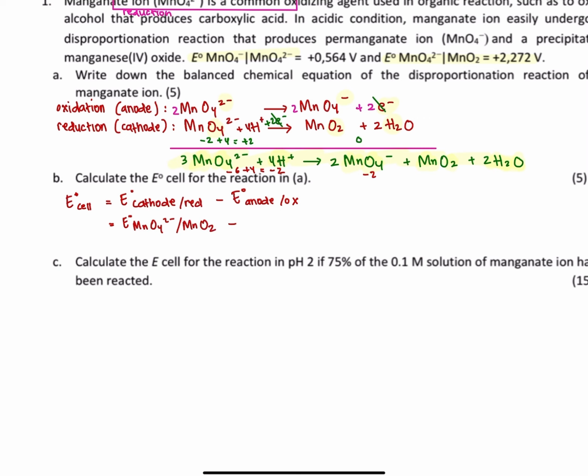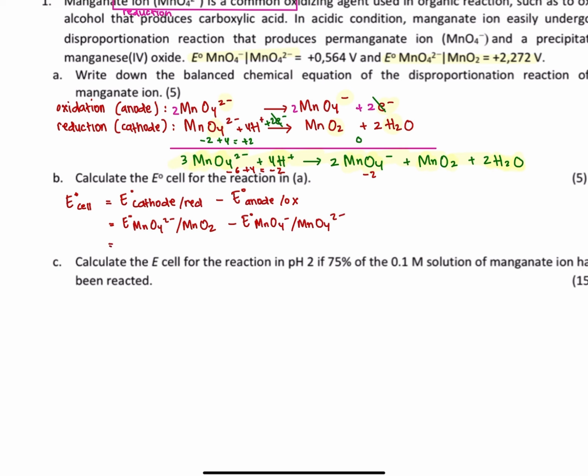And then for the anode, for the oxidation, it involves MnO4 2 minus and MnO4 minus. So in that case, we are going to use the reduction potential for that one. So not for the reaction, but like the initial reduction potential value, which is of course reduction. So here we have like this.